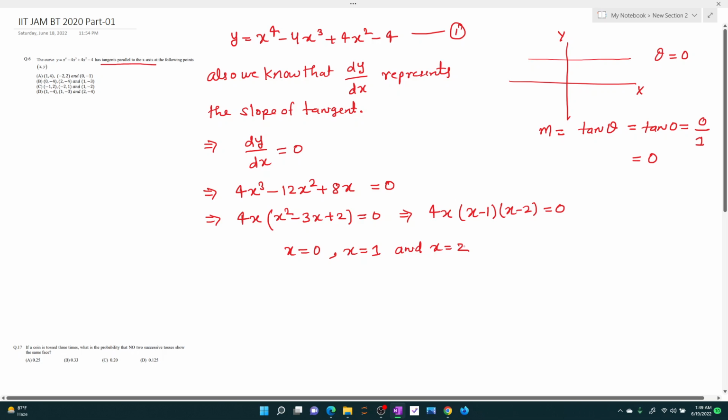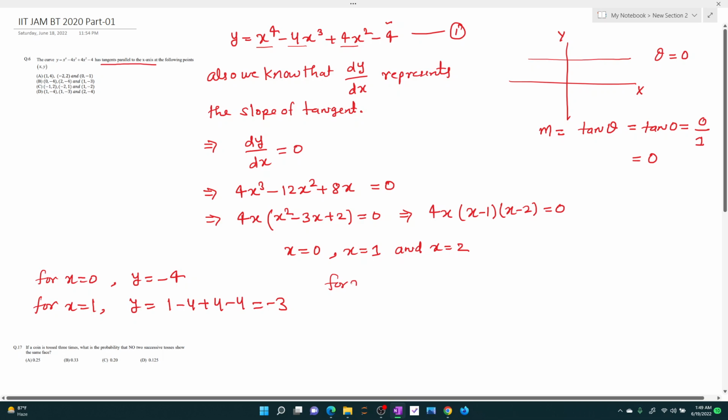Now we can find the value of y at these points. For x equals 0, the value of y is minus 4, because every other term becomes 0. For x equals 1, y is 1 minus 4 plus 4 minus 4, which is minus 3.